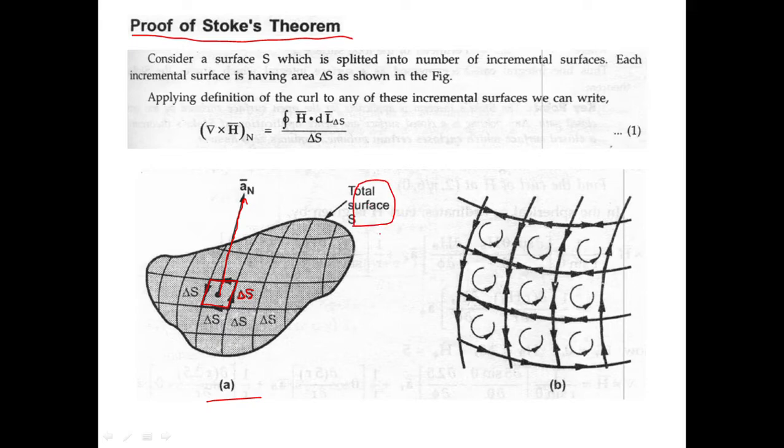Now consider a surface S which is split into a number of incremental surfaces. As I told you, each incremental surface has the area of delta S as shown in the figure.